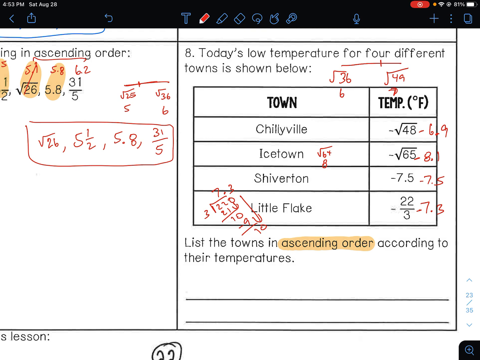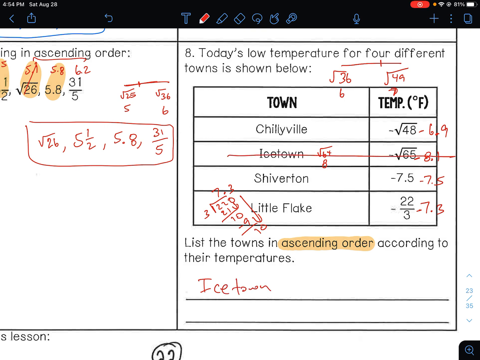Which one is the coldest? Ascending order, least to greatest. Which one is the coldest place? Well, it's not negative 6.9. It's actually negative 8.1. So it would be Shiverton. Sorry, not Shiverton. It's Icetown, which is the coldest. Icetown.